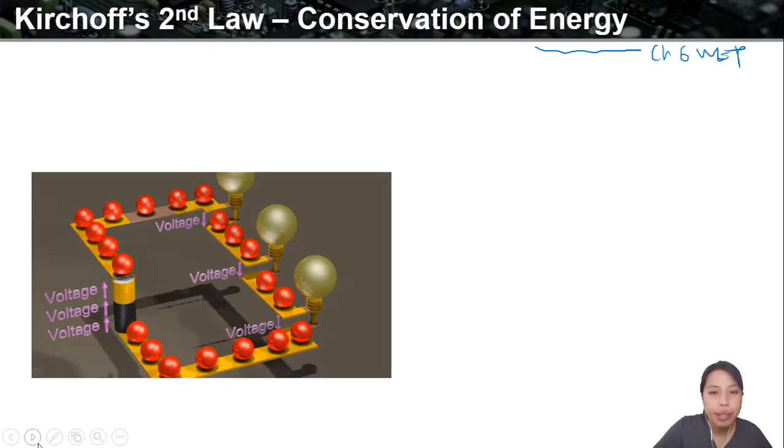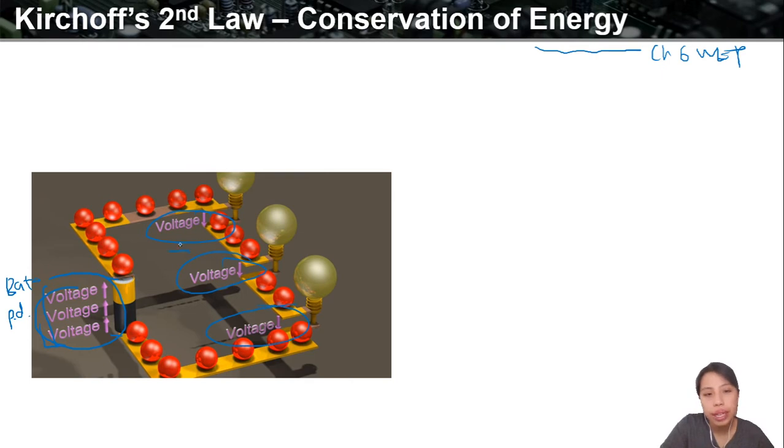So if I have this picture, good old animation, if your battery gives you, okay, this part is battery PD. If your battery PD is only so much, then the total PD that you drop for this light bulb all have to be the same. Okay, so you have 3V here, then you have 1V, 2V, 3V.